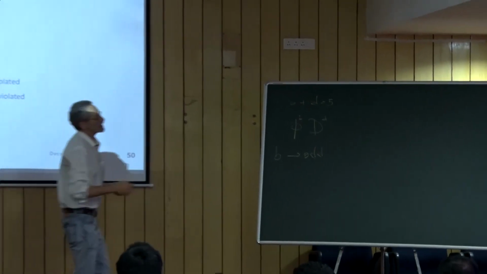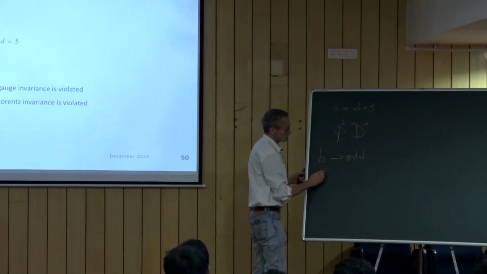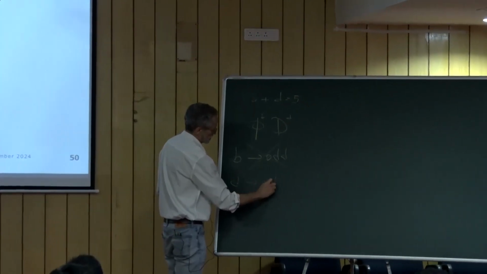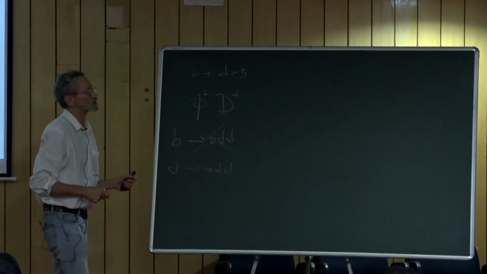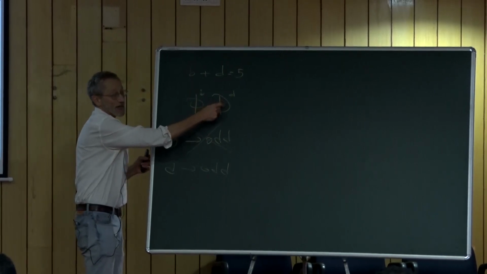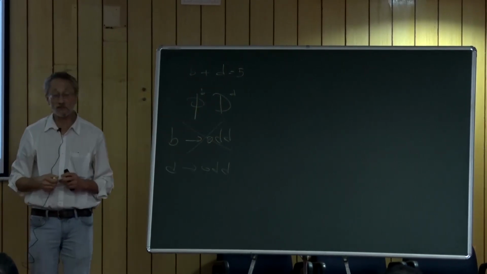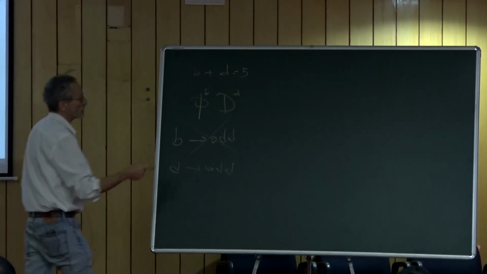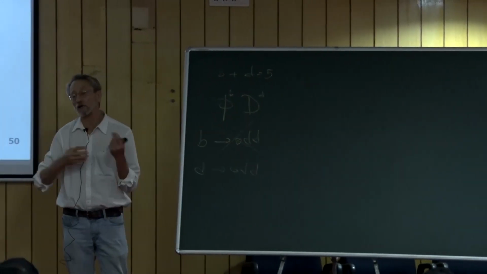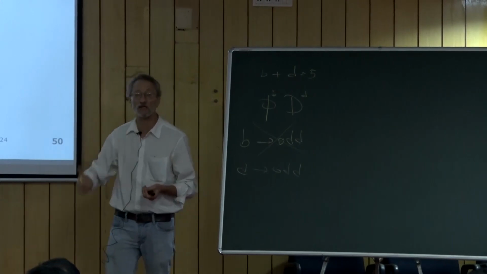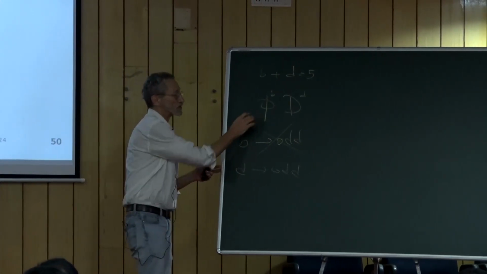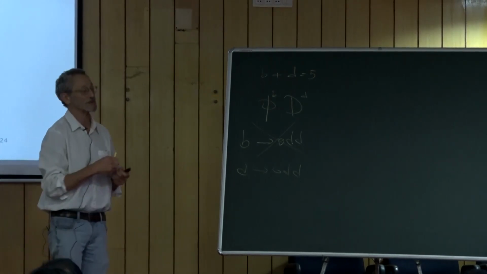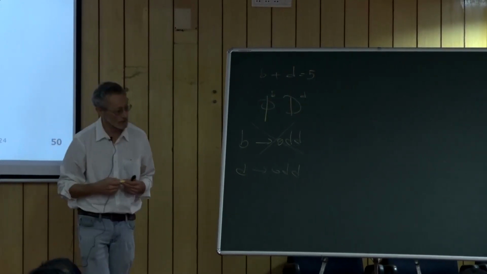The case where D is odd is even easier. So this doesn't work. D is odd. That doesn't work either because now you have this guy. Each of them carries a Lorentz index, mu, nu, alpha, whatever. And now you have an odd number of them. And no matter how you contract them, there will always be one left over. And so this operator would then be Lorentz variant, would not be a Lorentz invariant operator.